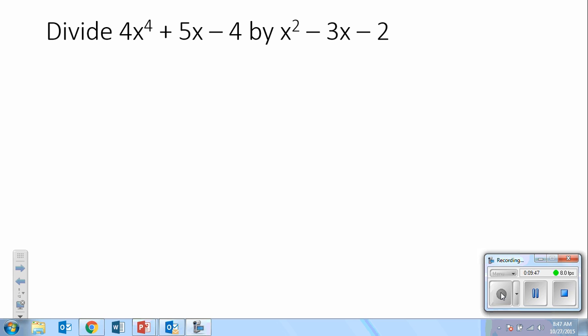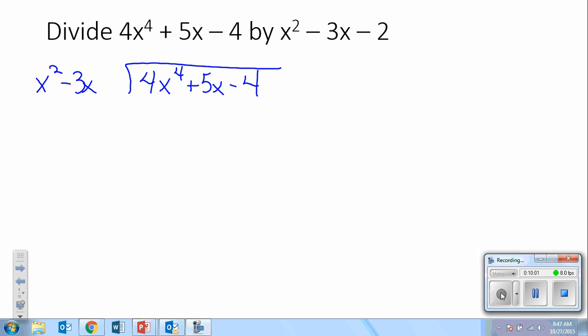Blank space on your sheet. I want you to write down 4x to the 4th plus 5x minus 4 divided by x squared minus 3x minus 2. Because all the problems we've done so far can be done using something we'll teach tomorrow called synthetic division.